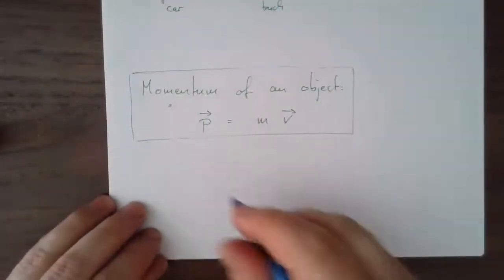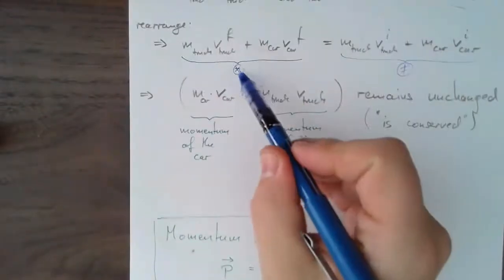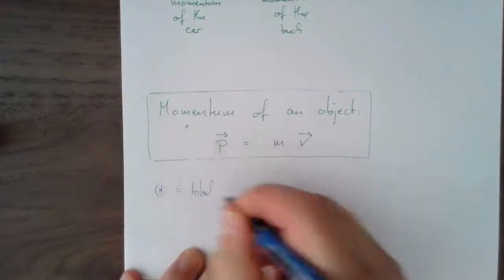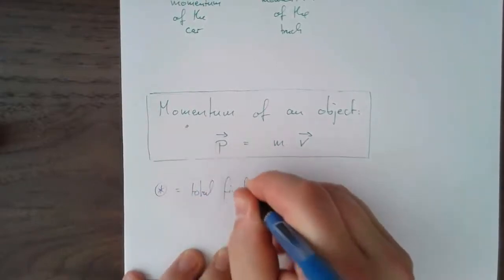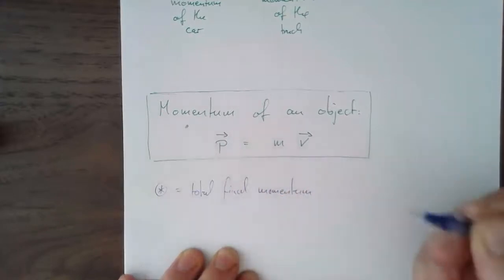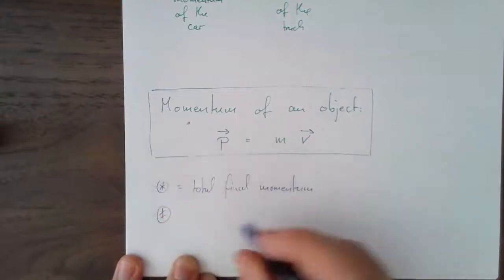Then I can say that the quantity here is the total final momentum. So the total momentum is just the sum of all the individual momenta of the objects.